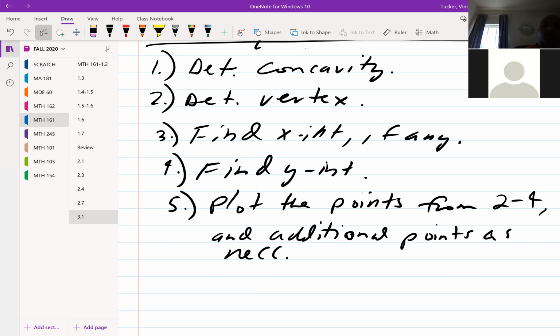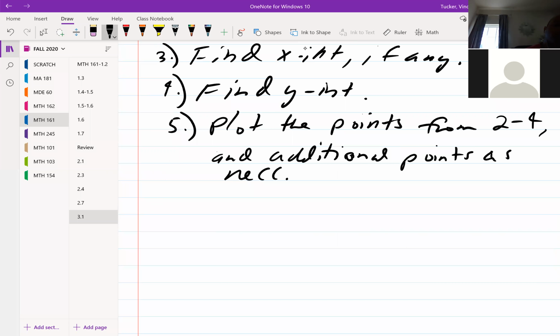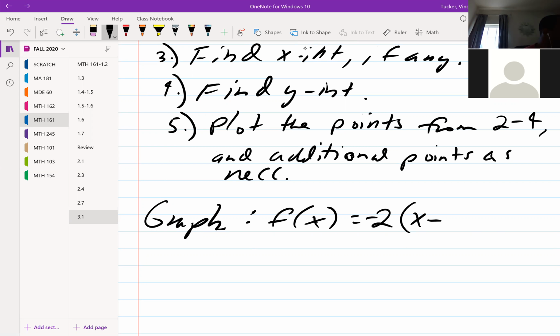All right, so they asked us to graph f of x is equal to -2 times the quantity (x minus 3) squared plus 8.